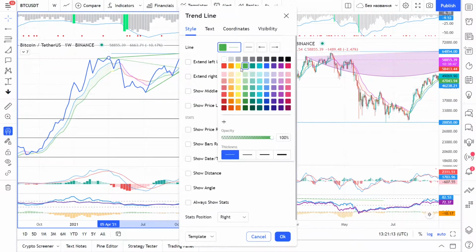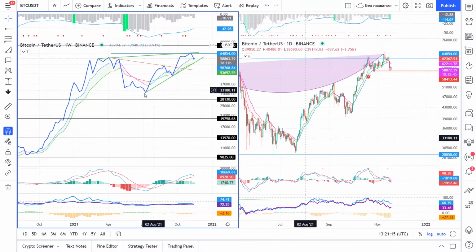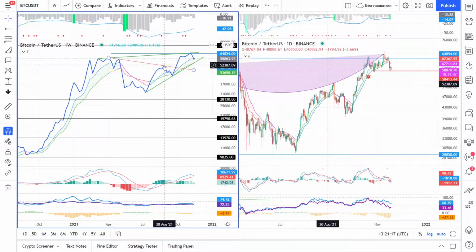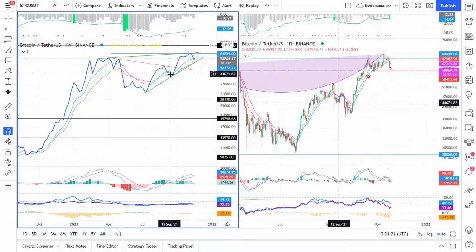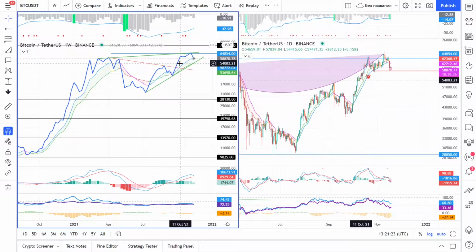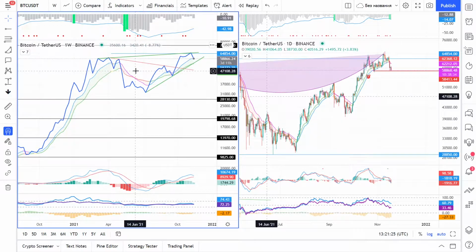That resulted in a bounce, a rejection of the trend line right here, and the penetration of that trend line to the upside, forming in the end an inverse head and shoulders pattern.